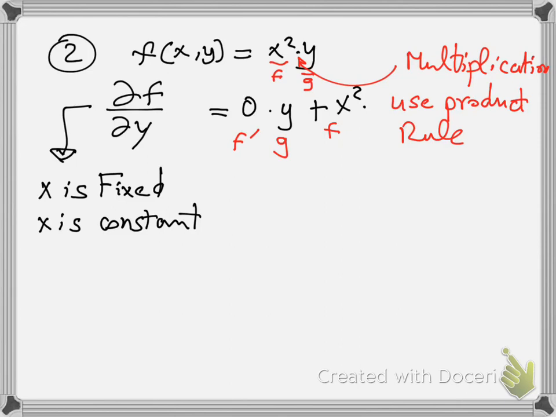Here y is not a constant, it's a variable. It's like asking what's the derivative of x; the derivative of x is 1. So the derivative of y is just 1. So it's x squared times 1, which equals 0 plus x squared. And so partial f, partial y is x squared.